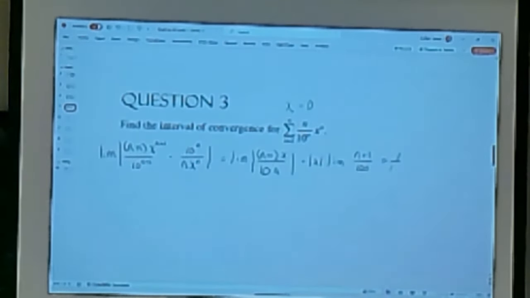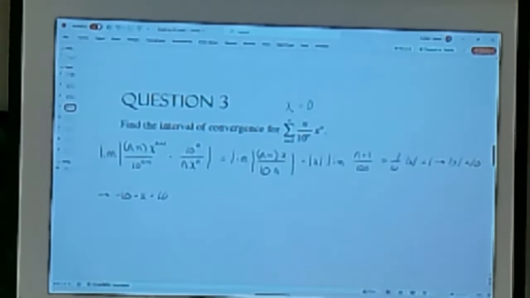So it has to be less than 1, which means the absolute value of x is less than 10. So -10 less than x less than 10.